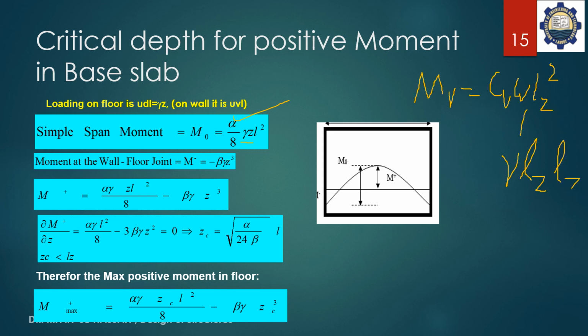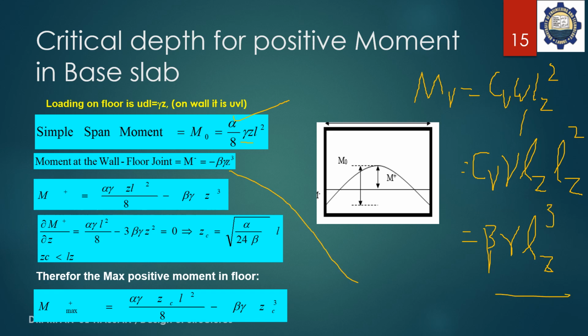So it comes out to be beta into gamma into Lz cube. But here we are computing Z, so rather than taking the full depth Lz, Z is unknown. So generally you can write the negative moment as beta gamma Z cube. Now this is the negative moment.